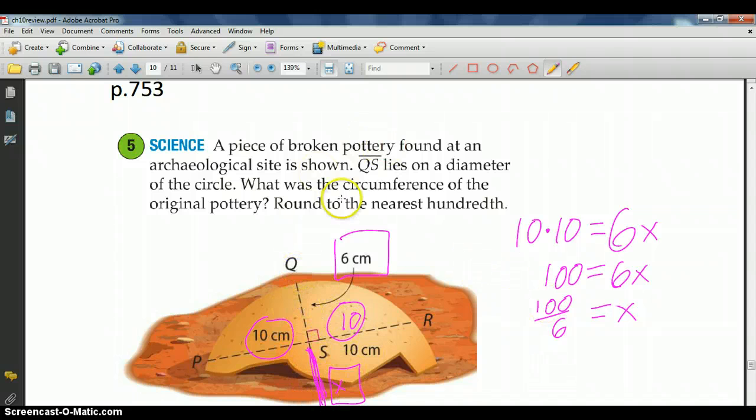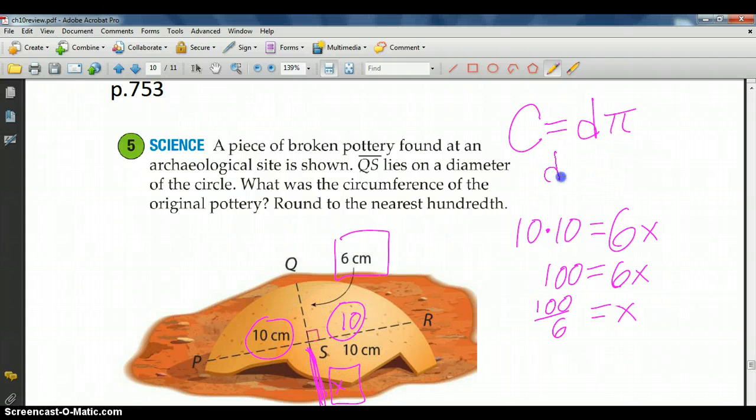So, what do we ultimately want to find? The circumference of the original shape. So how do we find circumference? Circumference is 2 times pi times radius, or diameter times pi. Well, do we know what our diameter is? We know that this other part is 100 over 6. That's what x is, but we have to add this part to it.